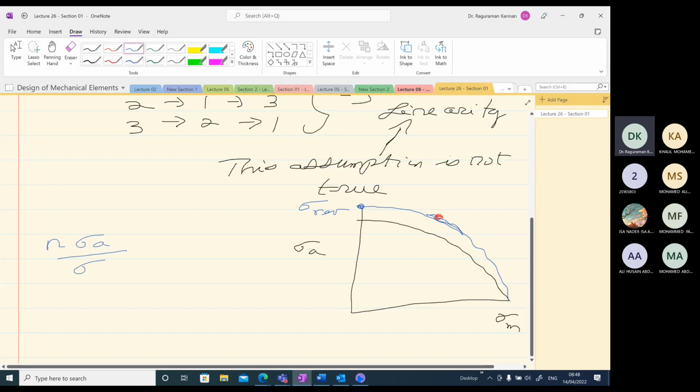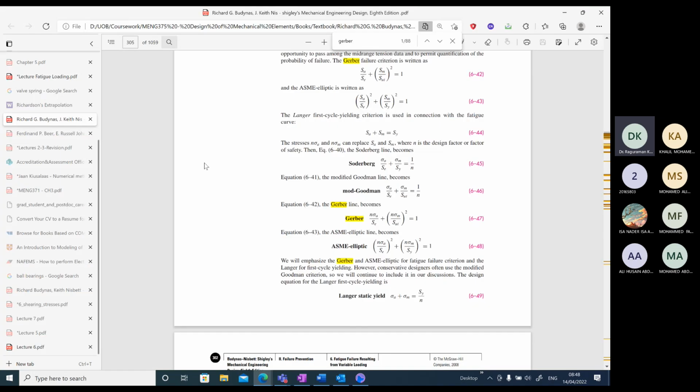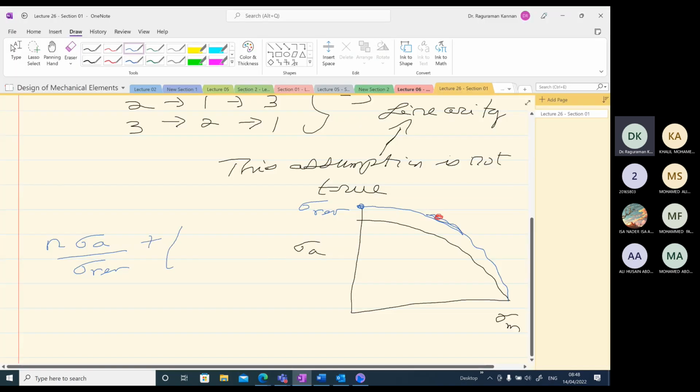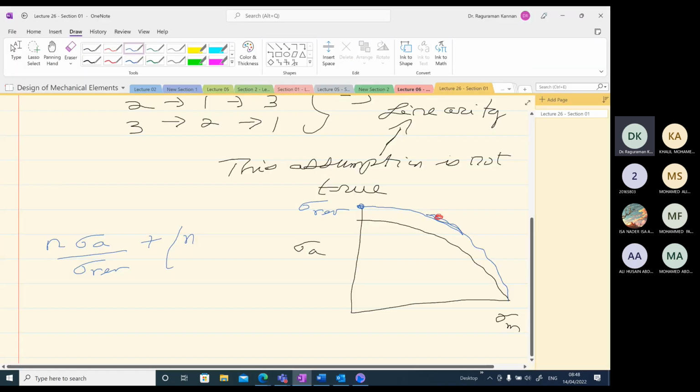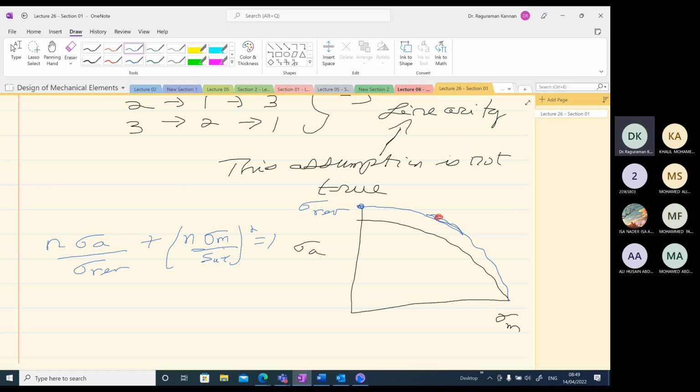Sigma A by sigma reversible, we are going to replace SE by sigma reversible, and then plus sigma M over SUT square must be equal to 1. So we can assume for simplicity n is equal to 1 and get rid of it, and then we will be able to write an equation for sigma reversible.